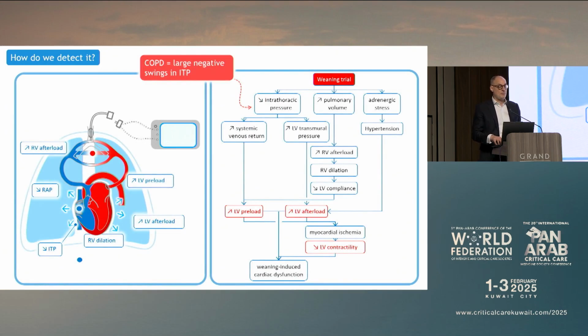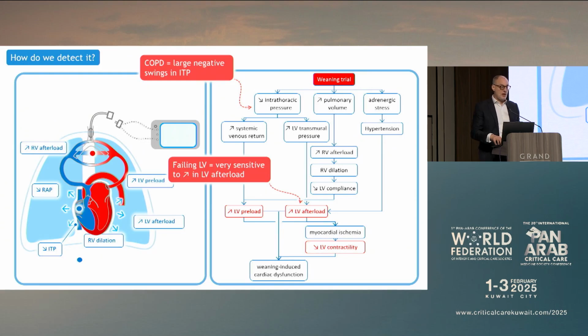Patients with COPD have very large negative swings in intrathoracic pressure because of the bronchial obstruction. They breathe at a very low intrathoracic pressure level and, by the way, at a very high lung volume. And this respiratory distress even enhances the mechanism of the increased venous return I said before.